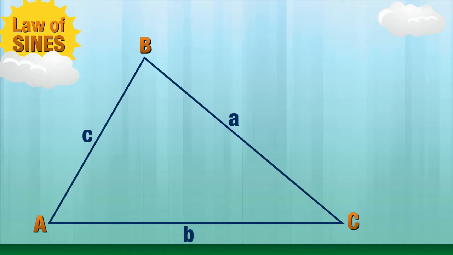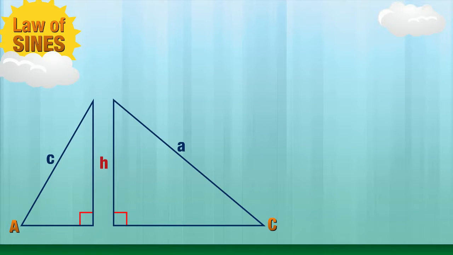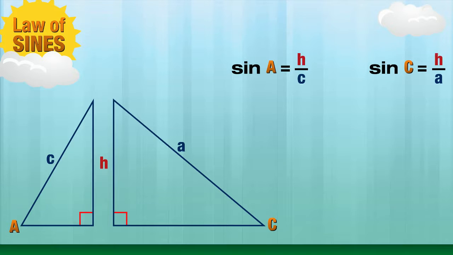Given any triangle, we can divide it into two right triangles. Then, using the sine ratio from earlier, we have the sine of A is equal to h divided by c, and the sine of C is h divided by a. Notice the height is a variable in both of these equations.